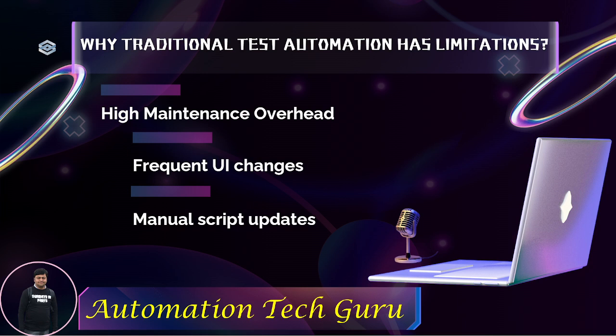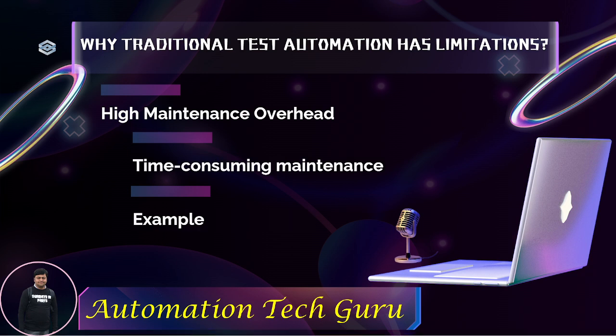Manual script updates: testers must frequently update locators in the test scripts. Time-consuming maintenance: teams spend more time fixing tests than testing new features. For example, if a shopping cart's add to cart button ID changes from add button to add button new, then the Selenium script will fail because it cannot find the button by its name.